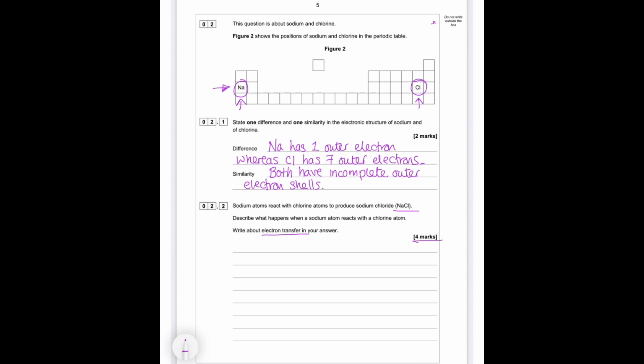So we would say that the sodium atom transfers its 1, so we have to say how many, 1 outer electron to the chlorine atom.